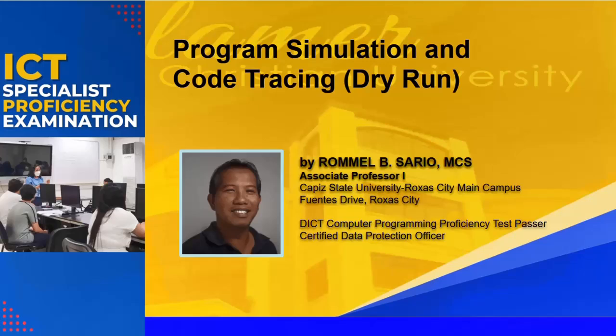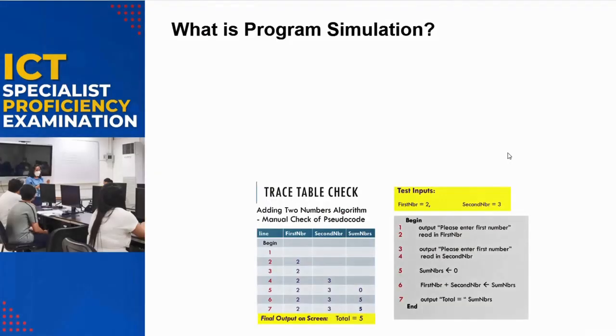In this session, we will discuss how to systematically trace a program using a dry run trace table, explore common pitfalls, and practice applying this technique to different code examples. These skills will not only help you in programming, but will also be valuable for answering problem-solving questions in the DICT ICT Proficiency Exam. So let's get started.